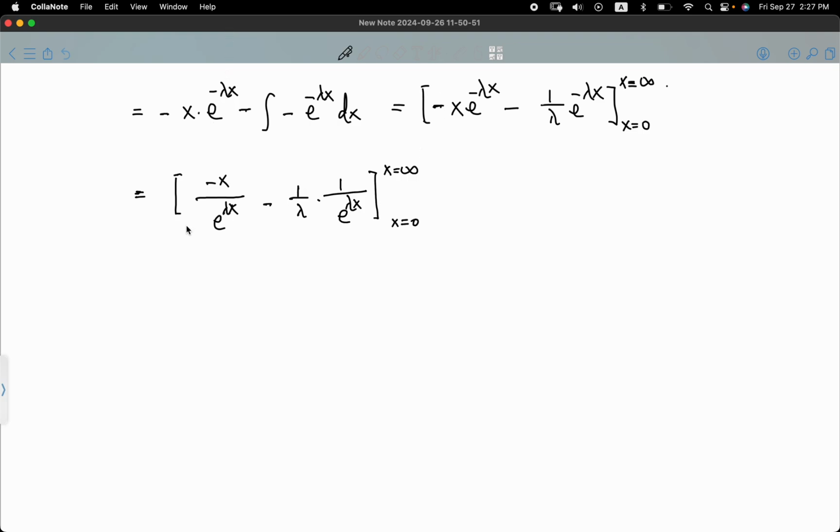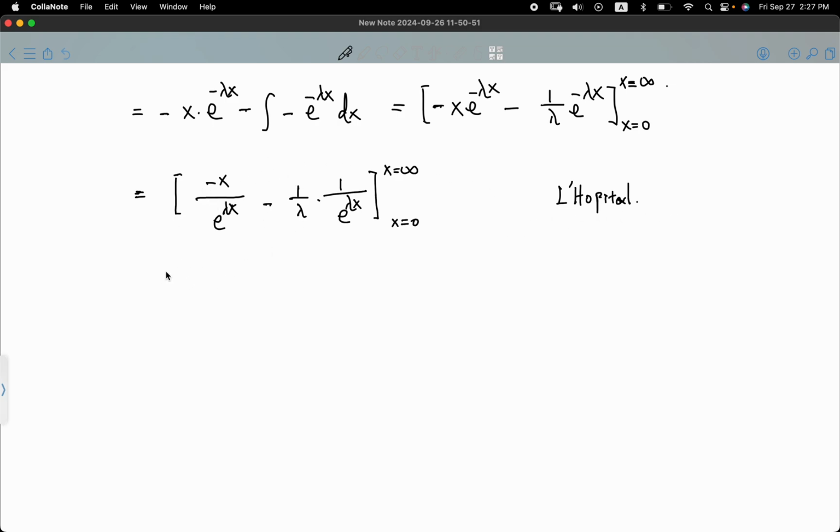One problem is that when you plug in infinity to the first term, you essentially have a fraction of infinity over infinity. You cannot evaluate that kind of quantity. So you're going to use L'Hopital's rule to calculate the limit for this.